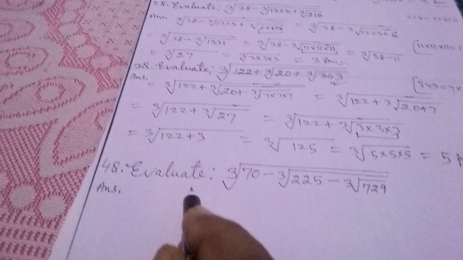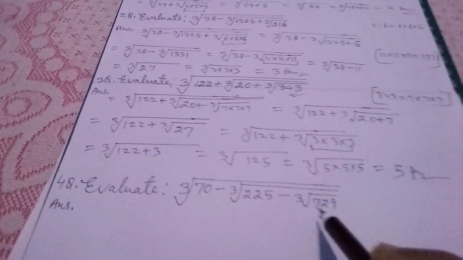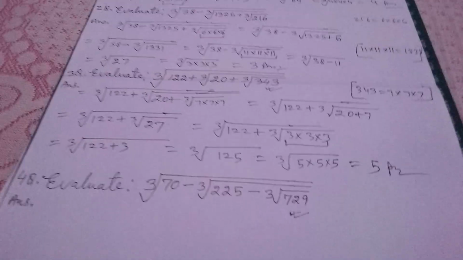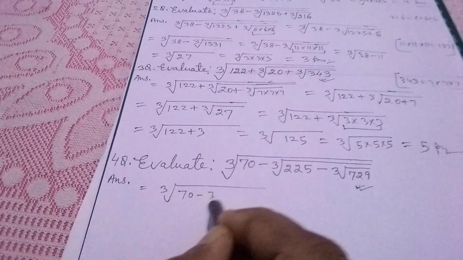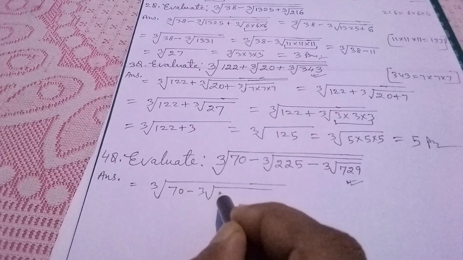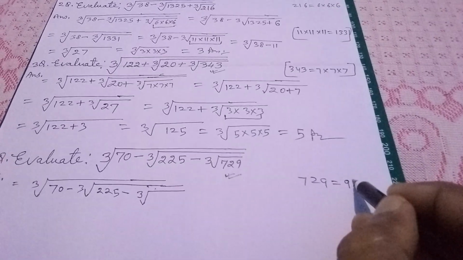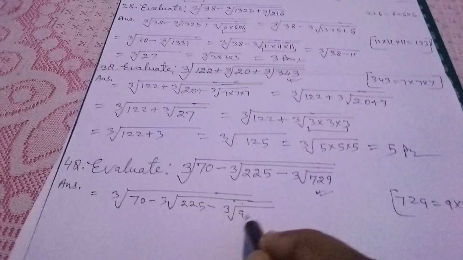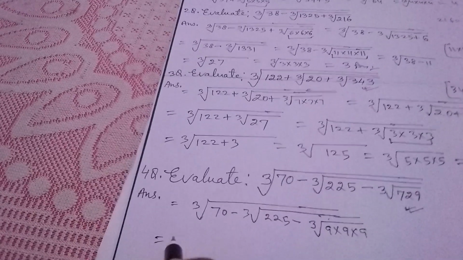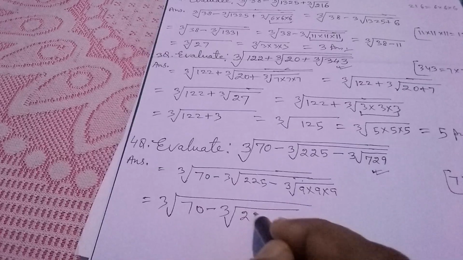Now fourth, last question is this. Here also again we will start from this. Always we have to start from the right side, the last one. So this will be written as cube root of 70 minus cube root of 225 minus cube root of, and 729 is written as 9 into 9 into 9, and for these three factors 9 into 9 into 9, we will write cube root of 70 minus cube root of 225.